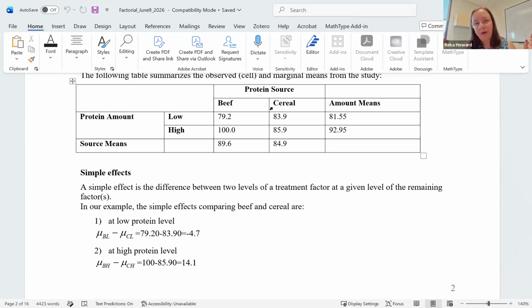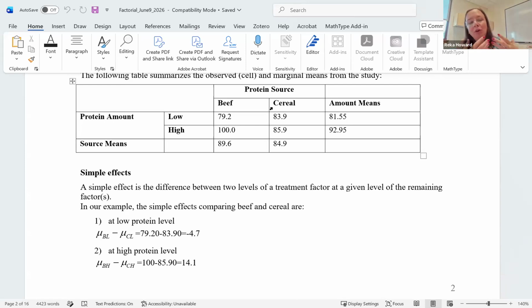But if you have other factors in the experiment, let's say irrigation, and you have an interaction between the irrigation and the fertilizer, you can't just say the difference between no fertilizer and fertilizer is some amount on the yield. Because then the difference will be different whether you are using irrigation or no irrigation. Does it make sense? So that's why the simple effect and the main effect is important.